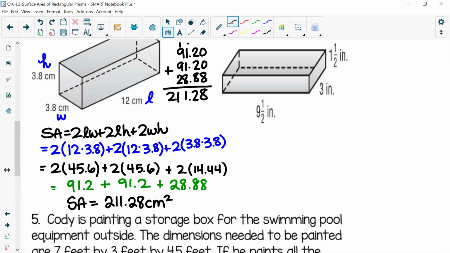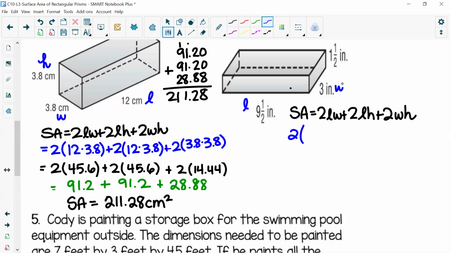Okay, so we're switching from decimals to fractions. Length times width plus 2 times length times height, plus 2 times width times height. So we have 2 times our length, our width, and our height.